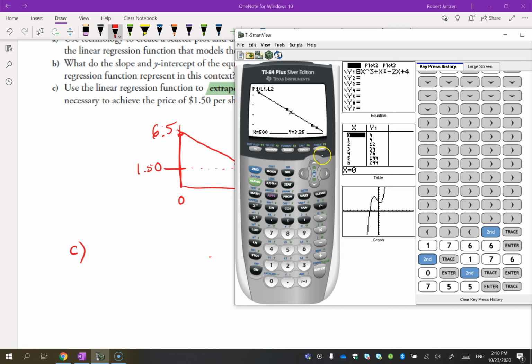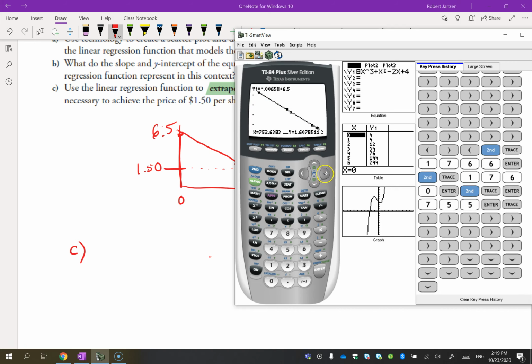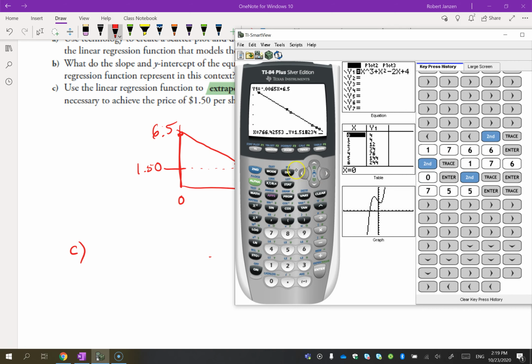Okay, so 766 is still a little bit too high. Should I try 780?